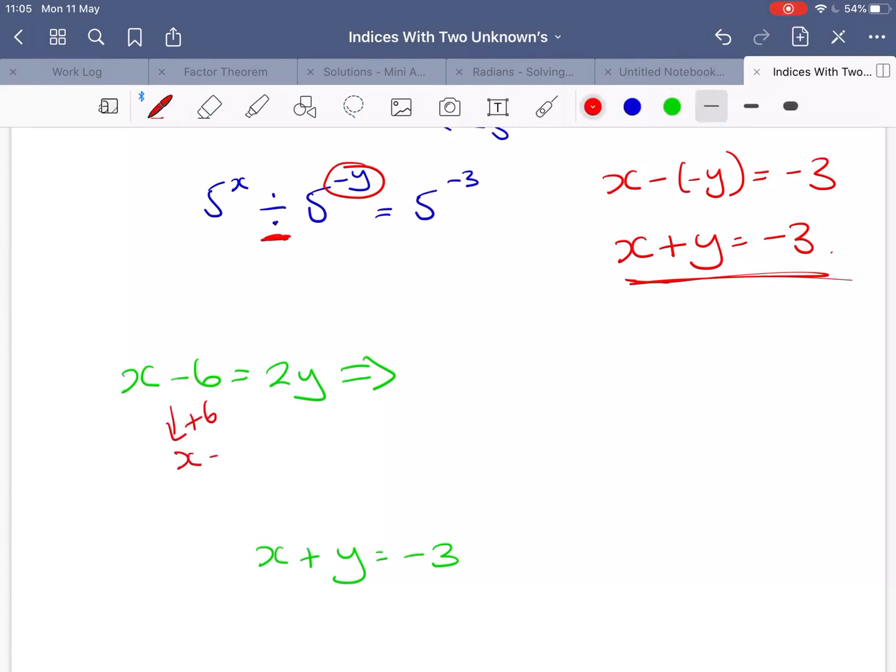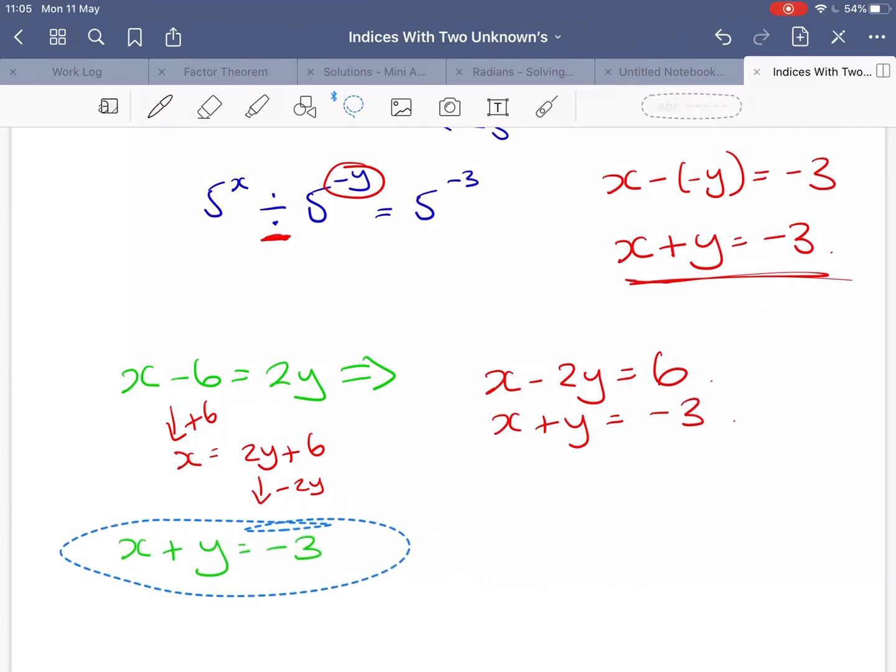So I'd get x equals 2y add 6. And I'd take away 2y. So I'd end up with x minus 2y equals 6. And then if I put the other equation that I've got, x plus y equals minus 3 underneath it, then I've got my two simultaneous equations that look how I would normally do simultaneous equations.